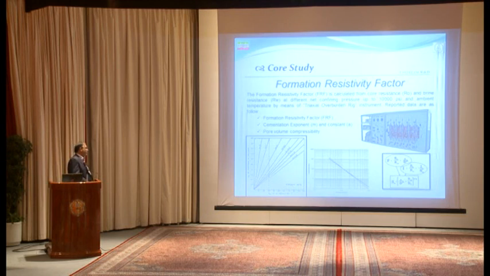The major factor of uncertainty in calculating water saturation with log data is the cementation exponent, and another is the saturation exponent. This system is used for measuring the cementation exponent under reservoir pressure, but temperature is not important in measuring formation resistivity factor.